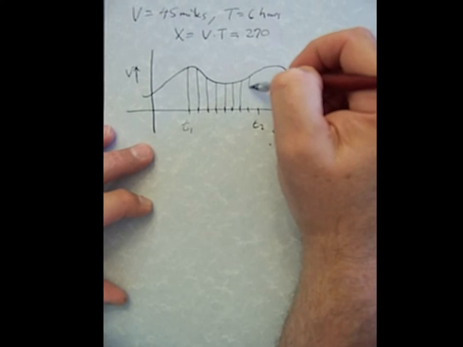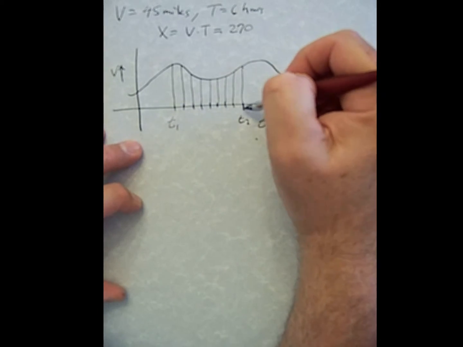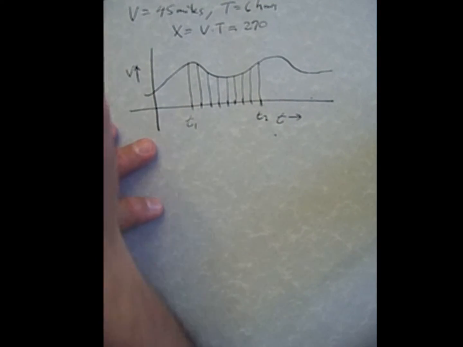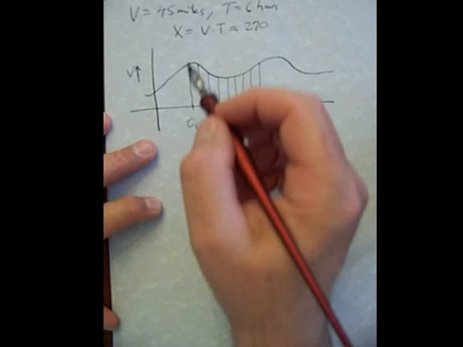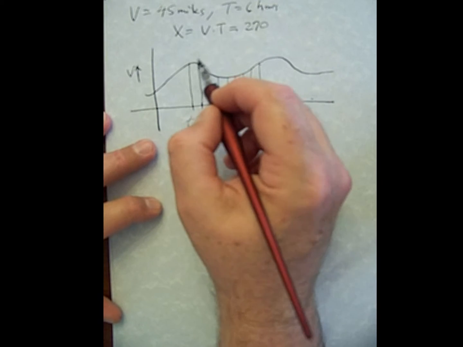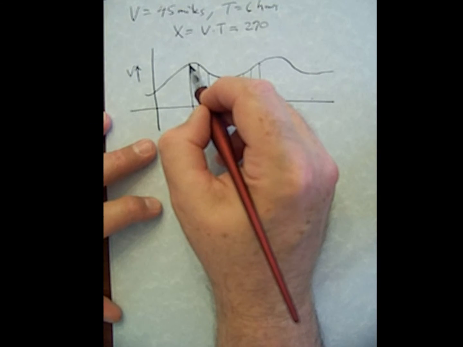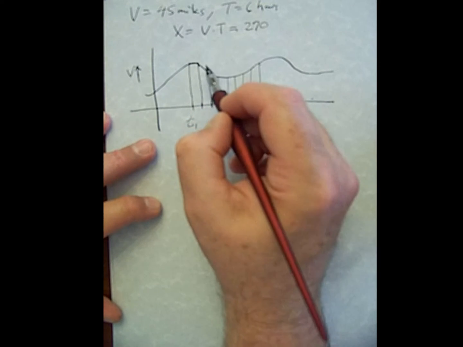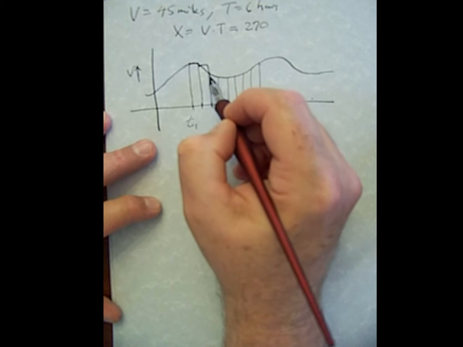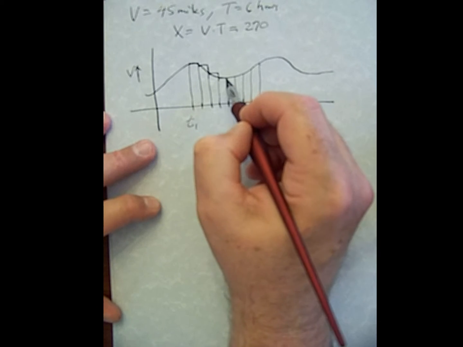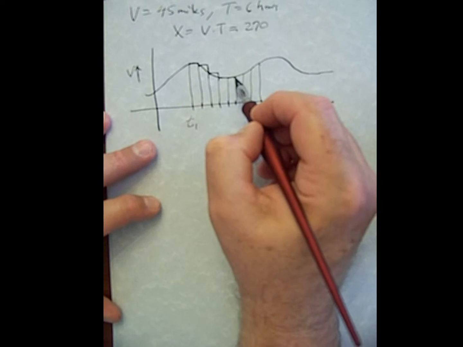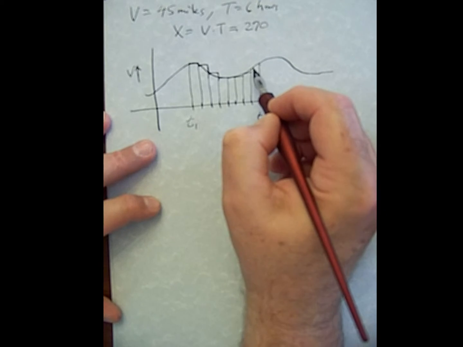So we're going to divide our graph of velocity into slices. And then we're going to estimate the velocity during that slice with whatever the velocity was when we started the slice. So for this first slice, it's there. Second slice, velocity is there. Third one, fourth one, fifth one, sixth one, seventh one, eighth one.